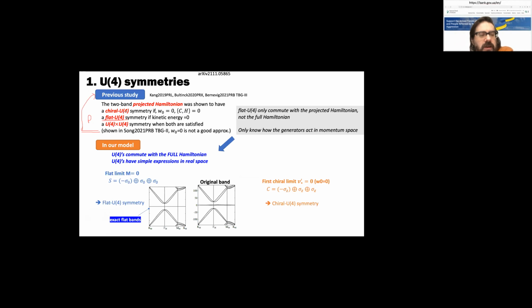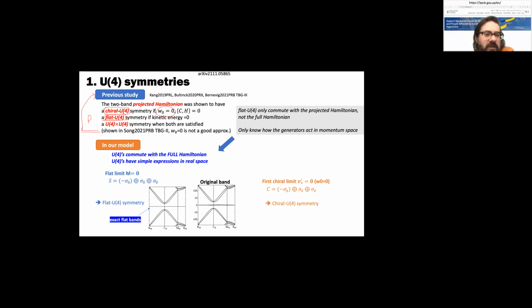They have a large symmetry U4. And then, in the chiral limit, which is taking one of the parameters, the A coupling of the Bistritzer-MacDonald model, to be 0, you get a chiral limit. This is not a particularly good limit for the experimental sample. It's a nice limit for some calculations, but the experimental sample is exactly in the opposite limit, actually.